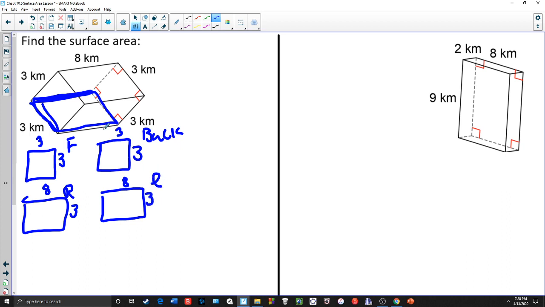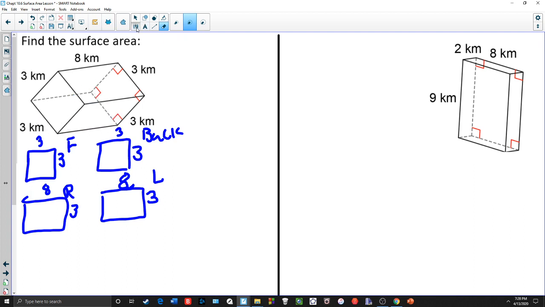So that's my left side. Actually, we'll just put capital L there. 8 by 3, and that's left. Let me make that 8 a little bit better. There we go. And then we have top and bottom, right? Again, this is kind of on its side, so it's kind of hard to tell top and bottom.